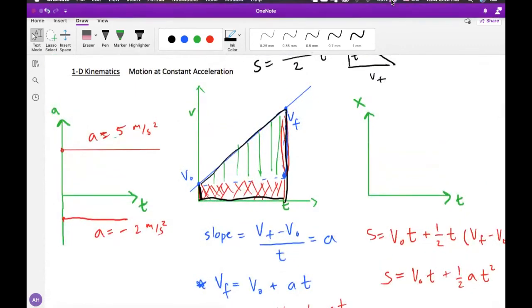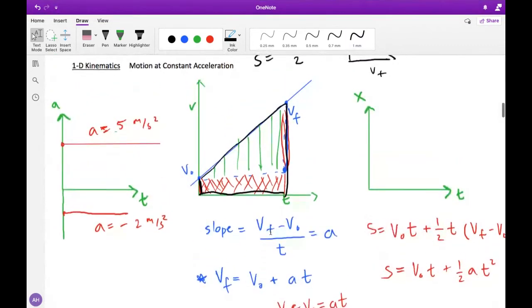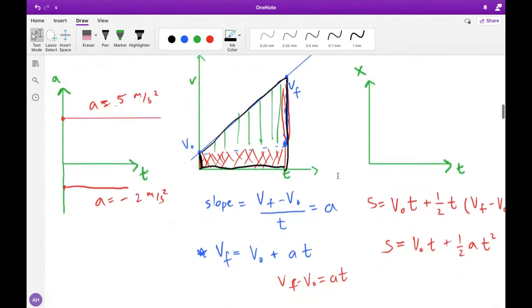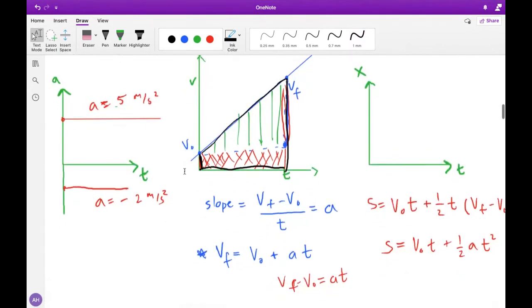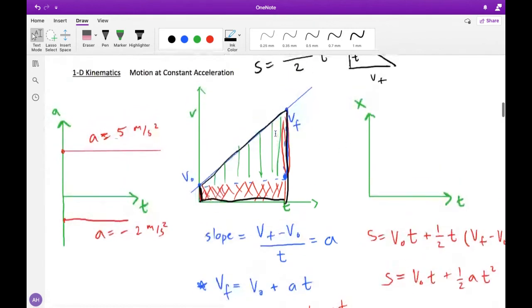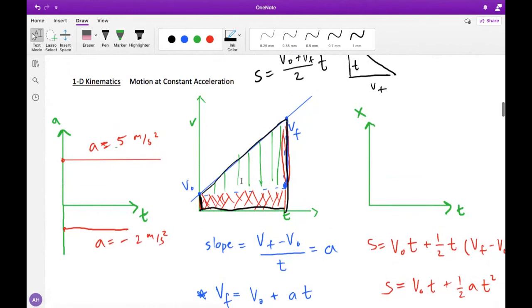So I guess the last thing I'll mention about this is how the acceleration time graph, velocity time graph, and position time graph all relate to each other. We've already analyzed the velocity time graph pretty well.